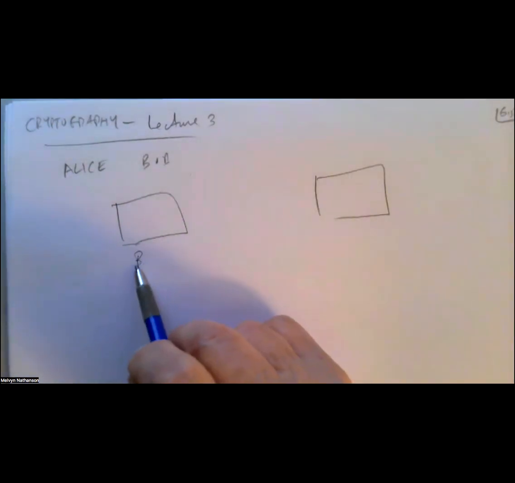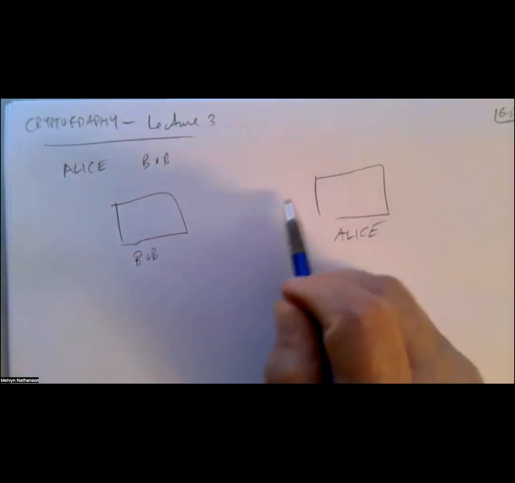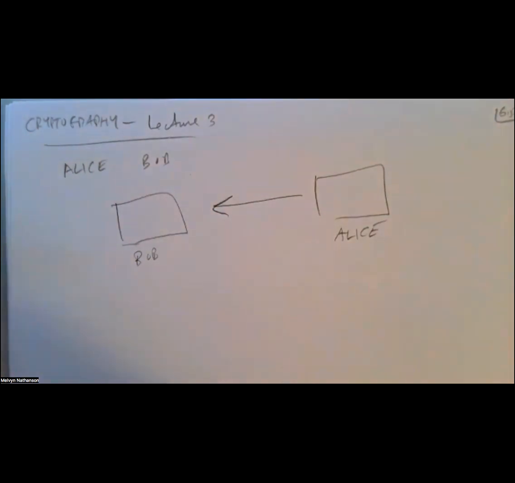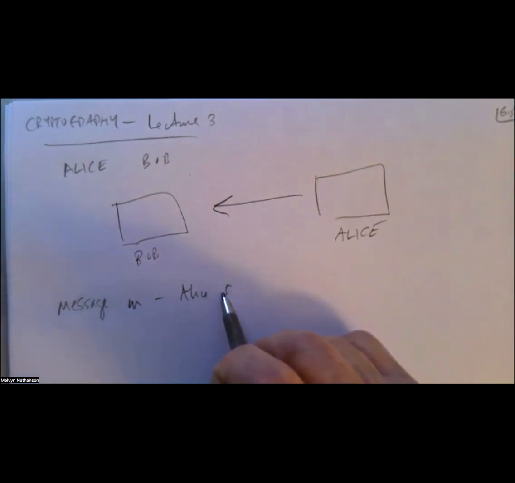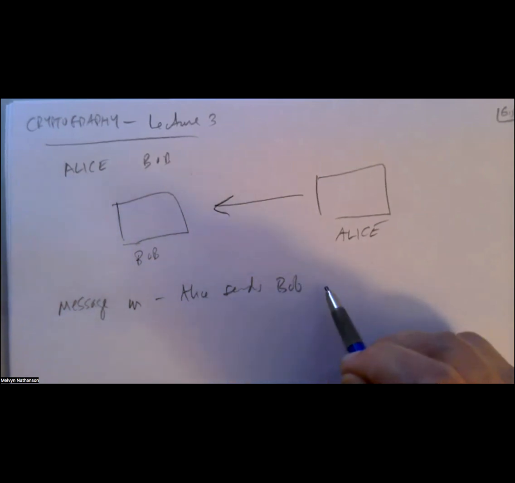So let's say this is Bob. Here's Alice. And there's going to be a certain message. So Alice sends Bob the message.